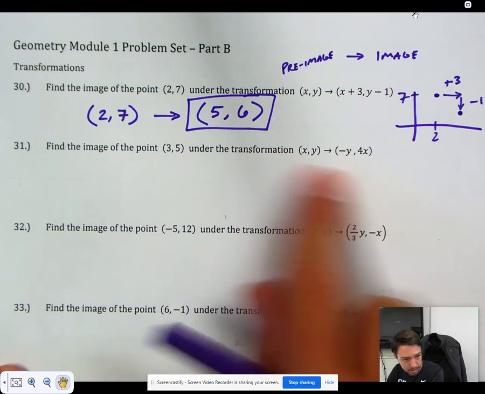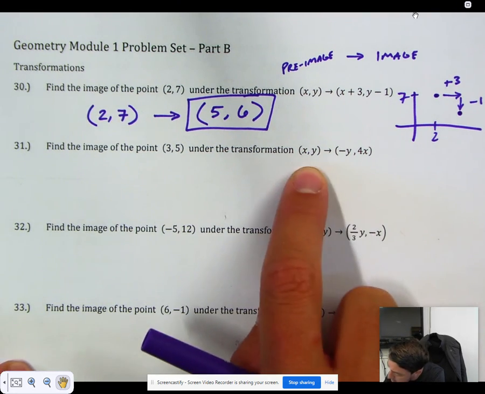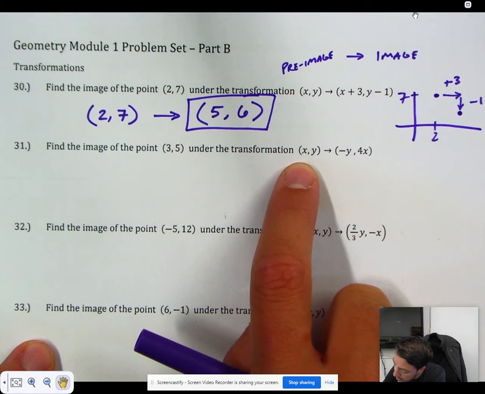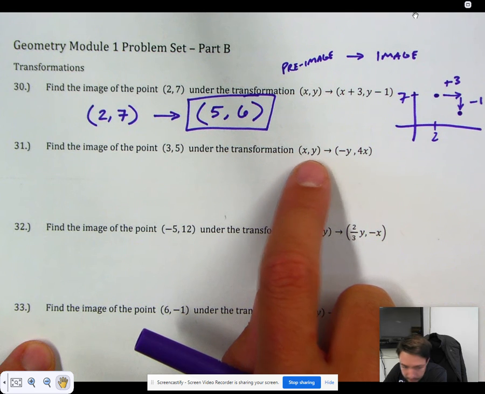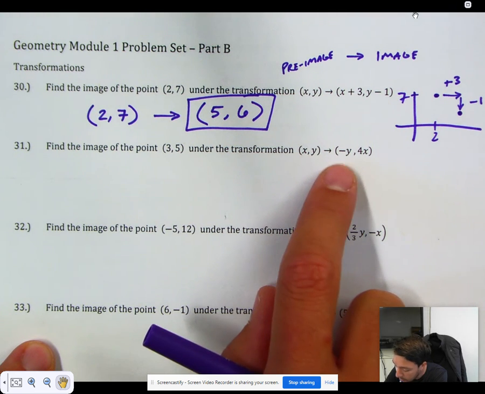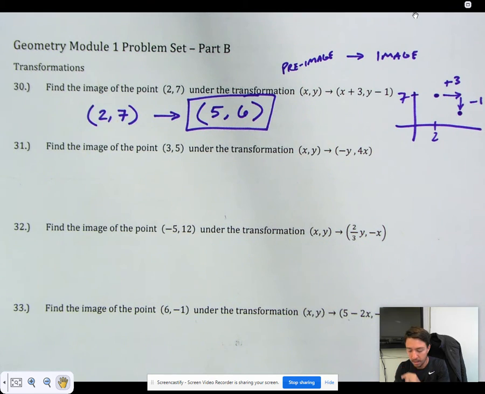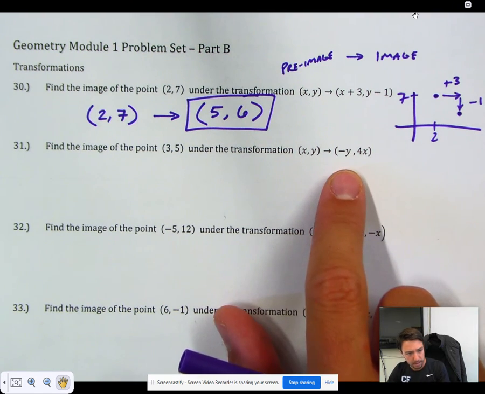So what does this one say? This is a little bit more complicated. It says that your y value is going to now be the x value. So there's a swapping there, and it also turns negative.